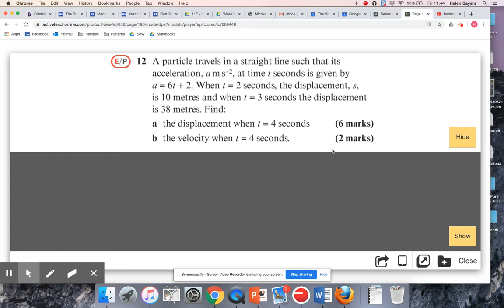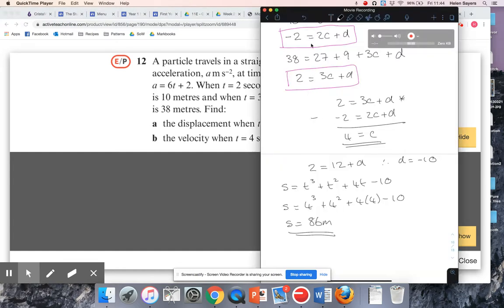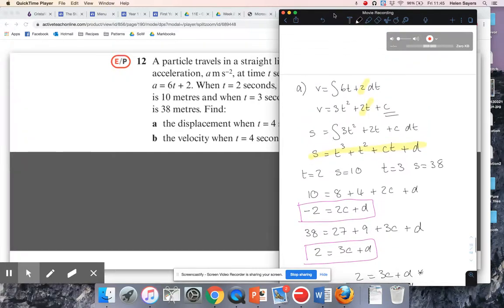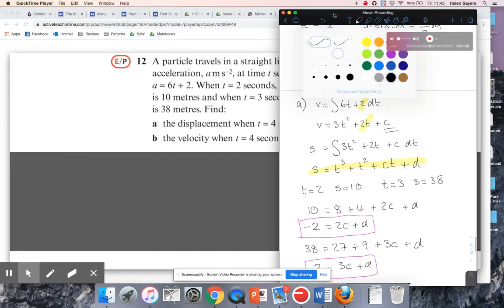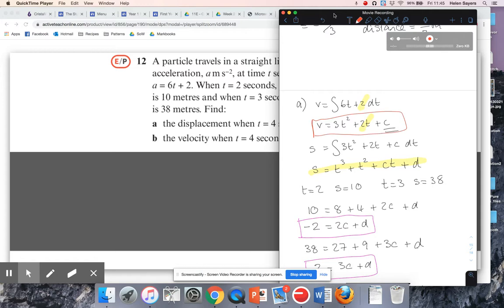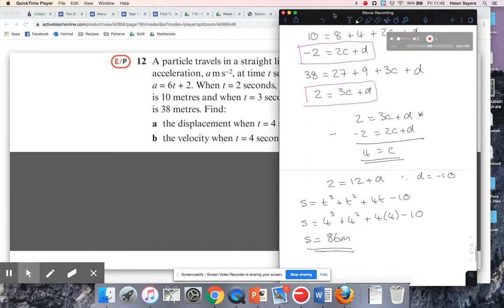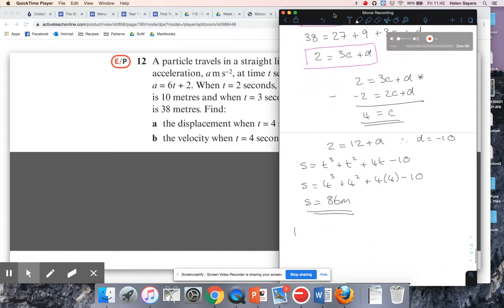Then the velocity. This is only 2 marks, so this should be quite straightforward, and I've pretty much got all the working I need for this. I had the velocity here, and I now know what c is. So velocity is 3t squared plus 2t plus c, and I now know that c is 4.